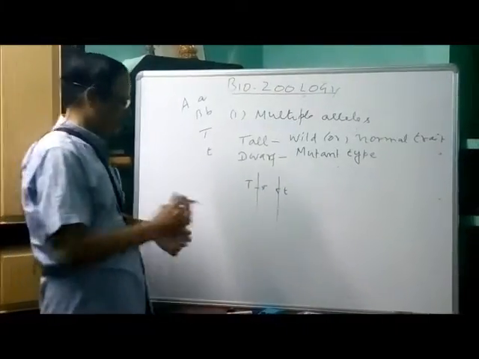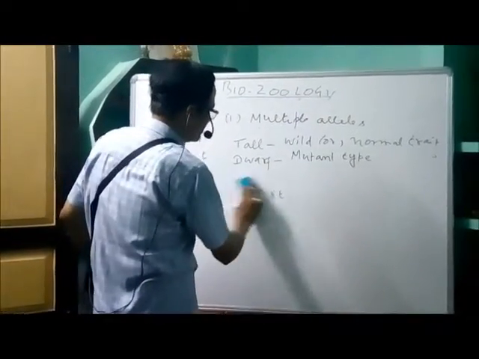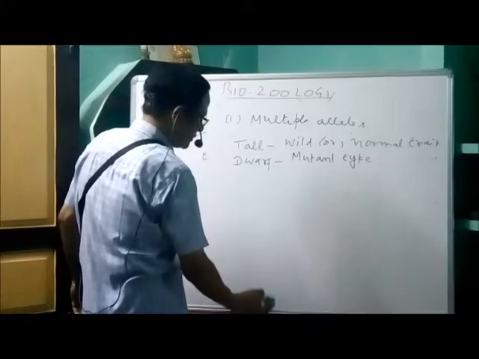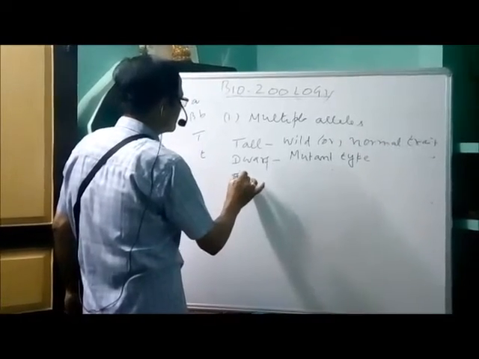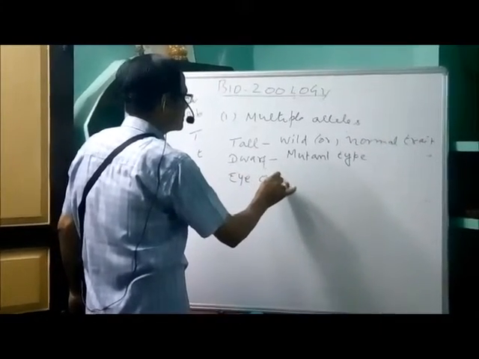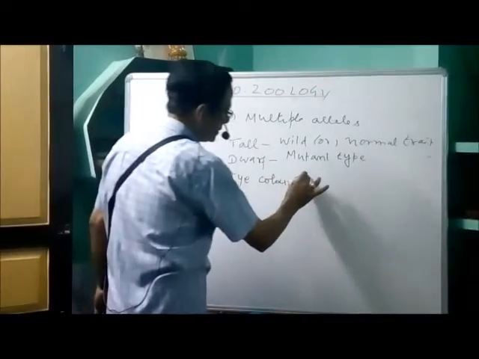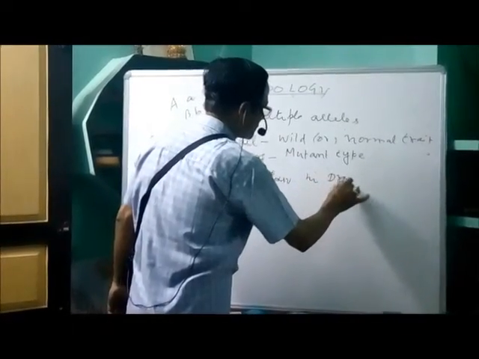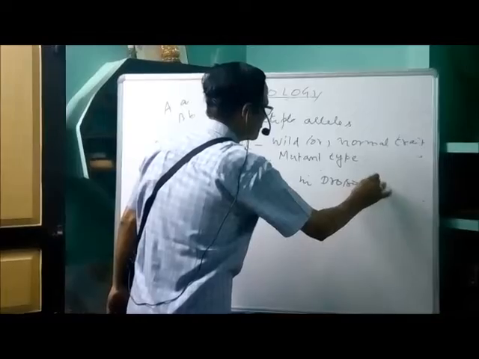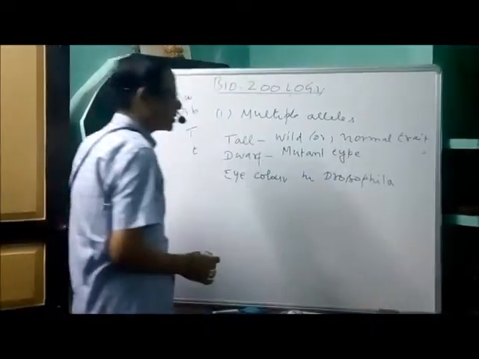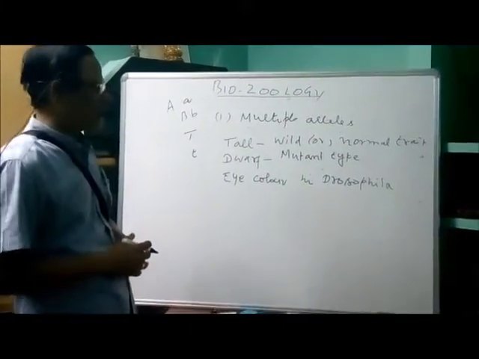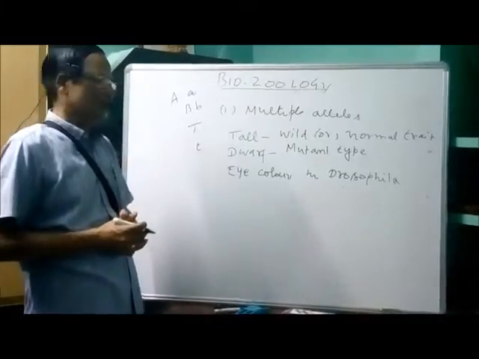Now, in some cases, if you are taking a particular character, the character is expressed by more than two alleles. Say an example. It is not there in the syllabus, but I would like to give. Take eye color in Drosophila. You know, this is a common fruit fly having 4 pairs of chromosomes.